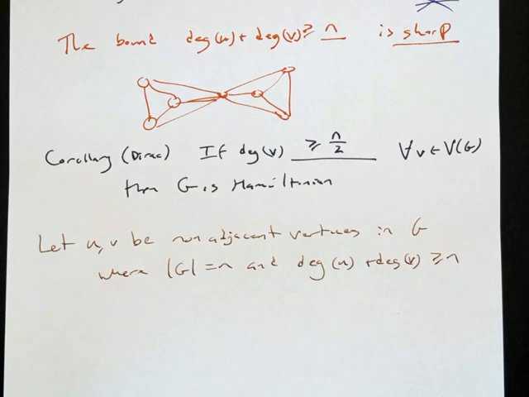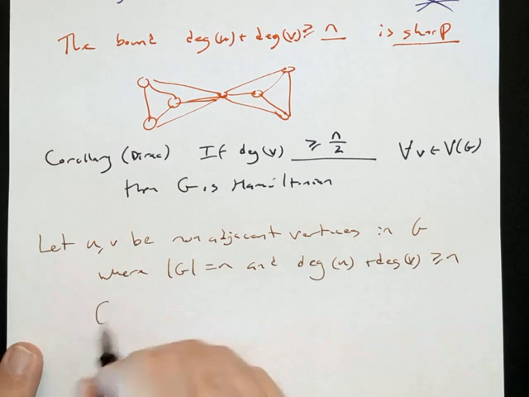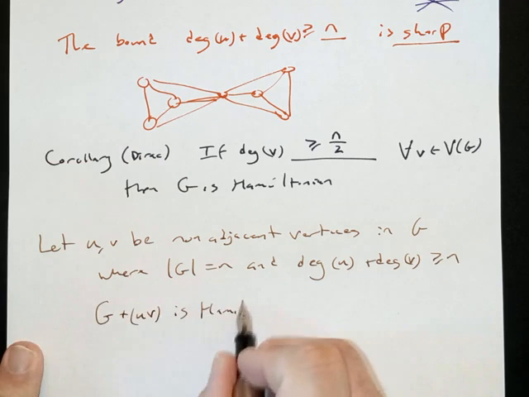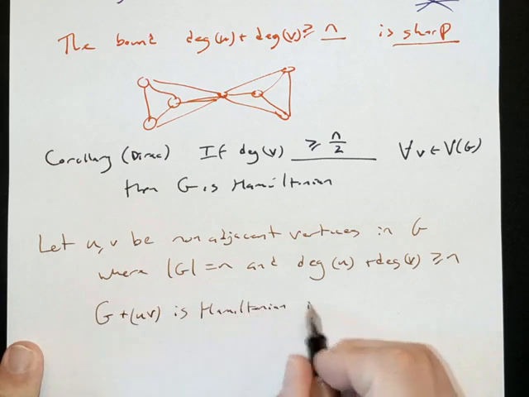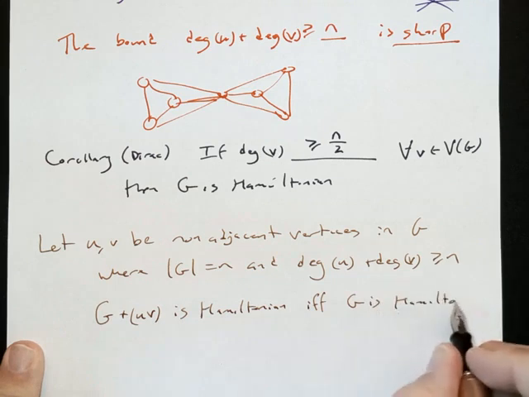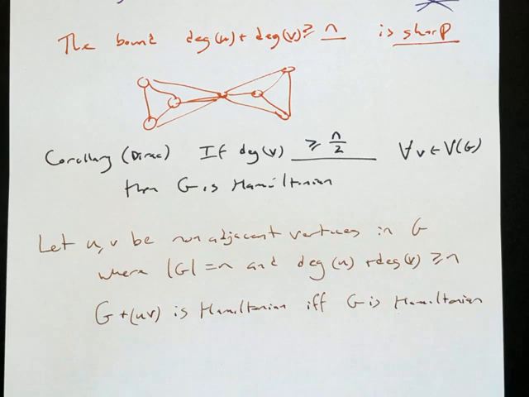If I do satisfy this Ore's theorem criteria, and I take any two non-adjacent vertices, and I add in that edge, Ore's theorem showed we couldn't go from non-Hamiltonian to Hamiltonian.